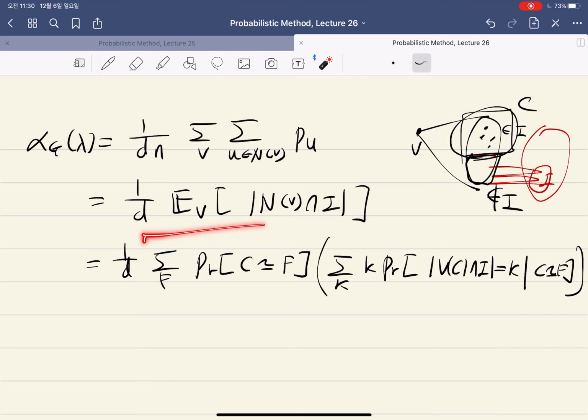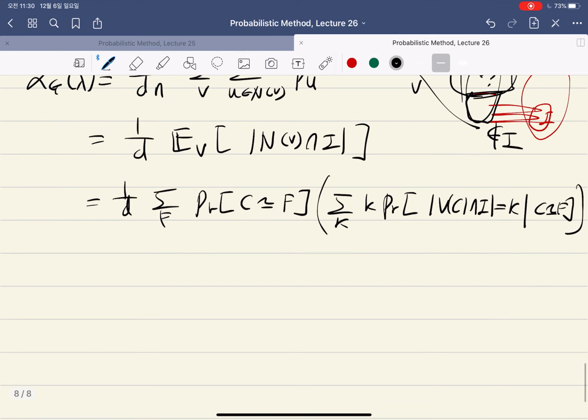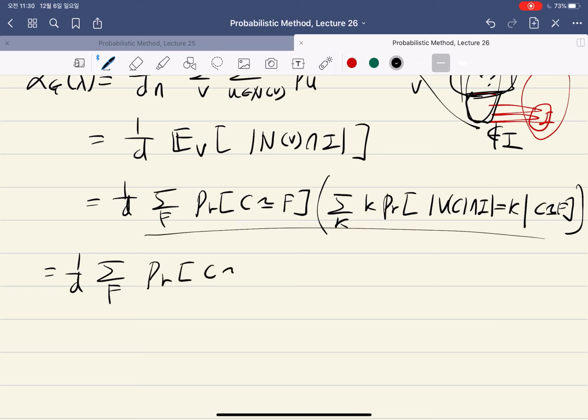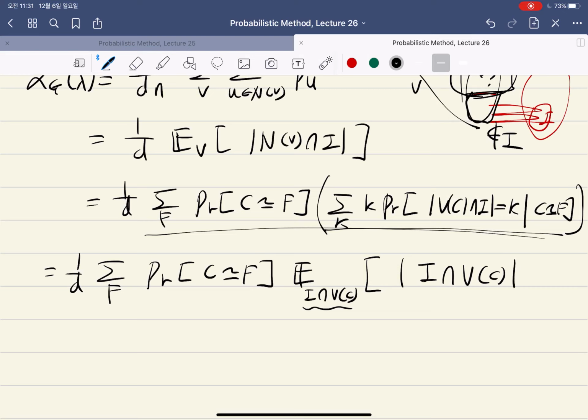So these two are equal. And how do you rewrite this? This is the probability that C is isomorphic to F. And here is nothing but just an expectation over, this is chosen at random, and you take the number of vertices in the free neighborhood which is occupied.